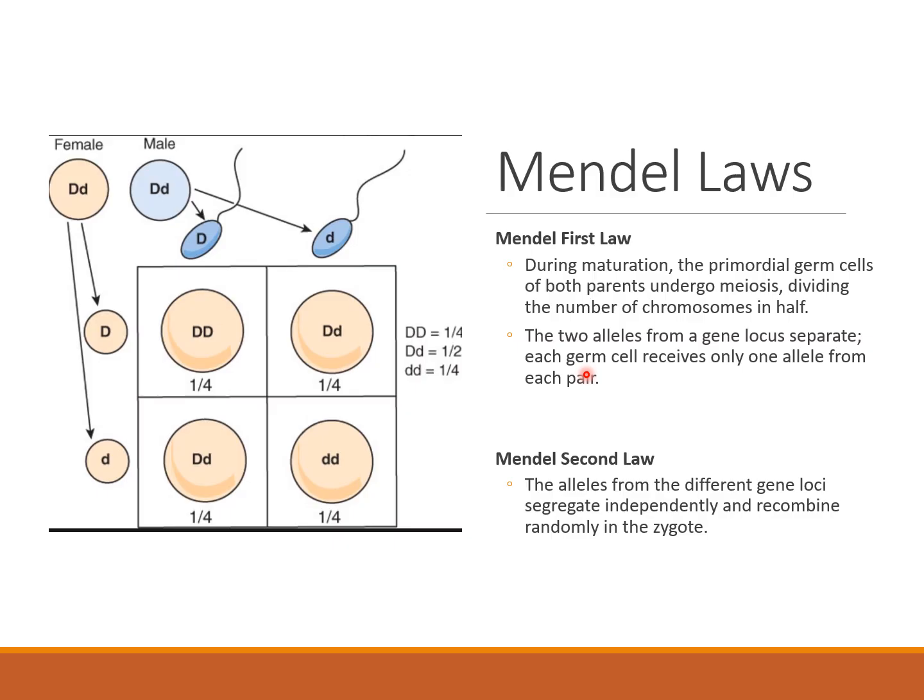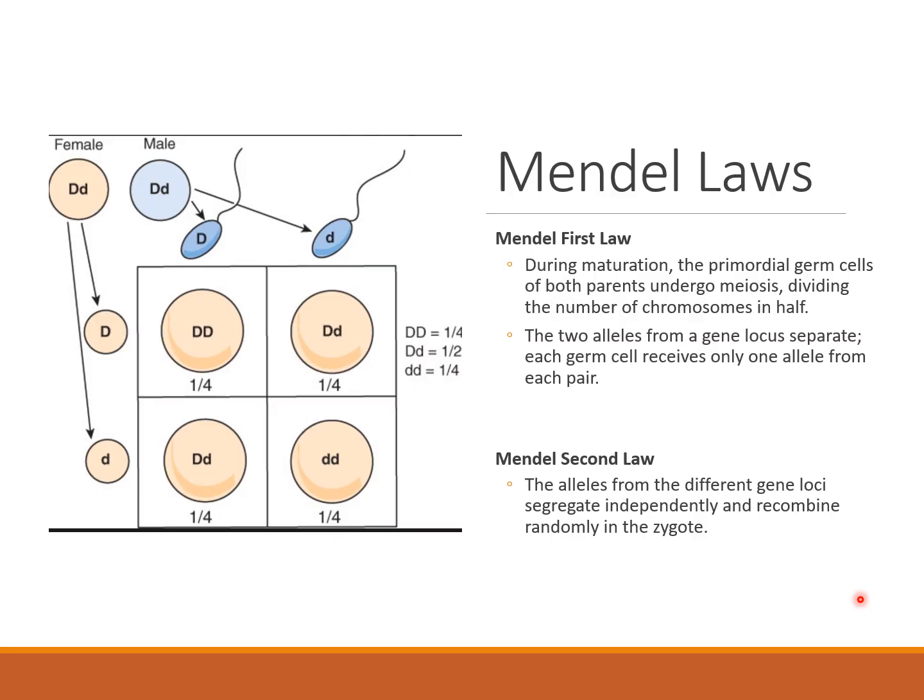Going back to Mendelian laws, Mendel's first law is that during maturation, the germ cells of both parents undergo meiosis, dividing the number of chromosomes in half. We talked about that already. We have meiosis, and so now we have germ cells that have half of the genetic material from each parent.